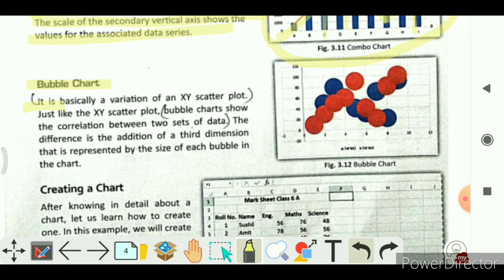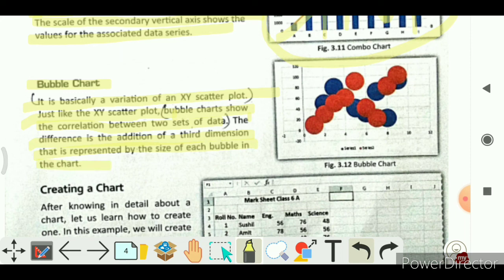It is basically a variation of the XY scatter plot. Just like the XY scatter plot, bubble charts show the correlation between two sets of data. The difference is the addition of a third dimension that is represented by the size of each bubble in the chart.